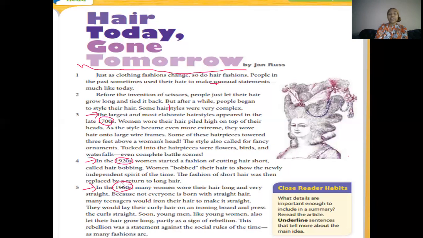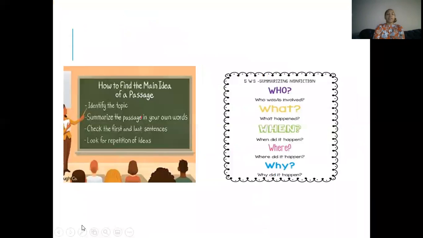All of these details are talking about the unusual statements that people have made in the past, much like today. Remember, when I'm finding the main idea of a passage, I first need to understand what the topic is. That's that broad subject. Then I need to be able to summarize what I've read in my own words, and I'm going to model that for you.